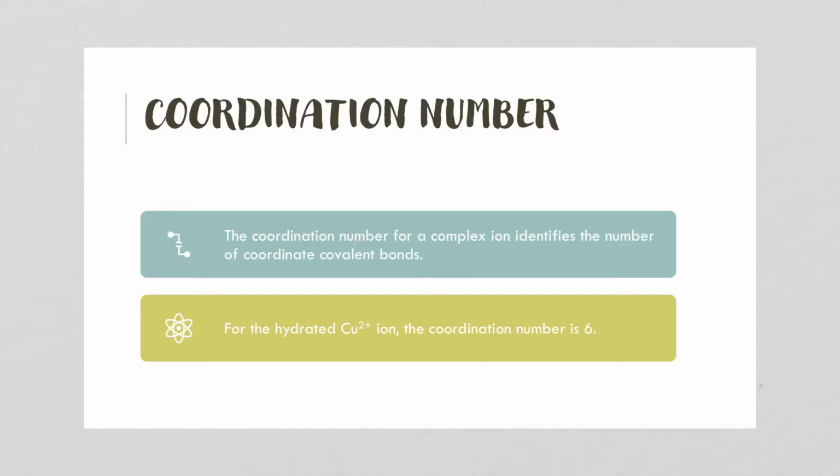But the coordination number would also be 6 for the next example, with cobalt binding with En. It binds with 3 of them, but because each of them has 2 pairs of electrons to be shared, there's a total of 6 pairs of electrons being shared. So it's still a coordination number of 6.